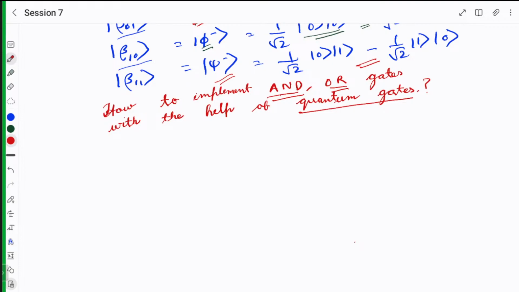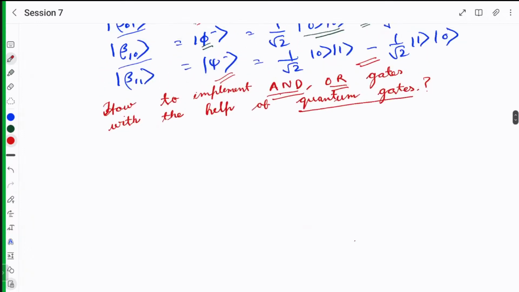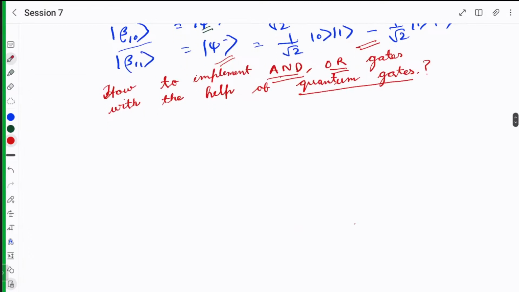So till this, is it all clear? All okay? Am I audible? I can hear you. Okay, sure. So I am assuming that this part is clear.